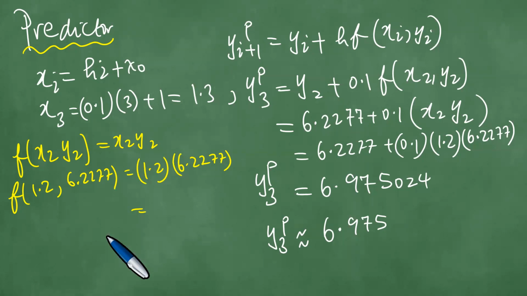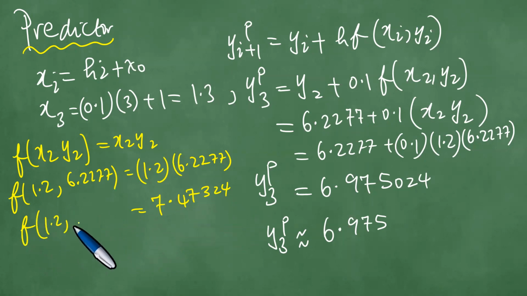1.2 times 6.2277. Well done. Correct answer. So this one is going to be 7.47324, which is f of 1.2, 6.2277.